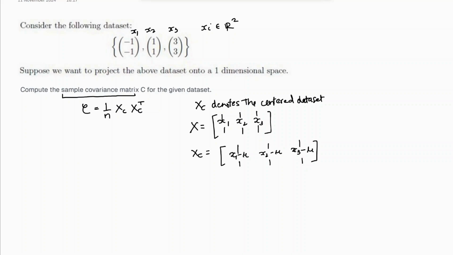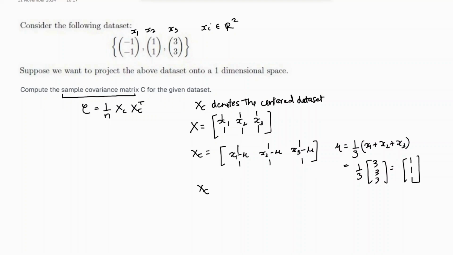So for this we need to first compute mu. And what is mu? Mu is nothing but 1/3 of x1 plus x2 plus x3. This is a simple average, right? Now this will be equal to 1/3 of 3, 3, 3, which is essentially 1, 1, 1, right?